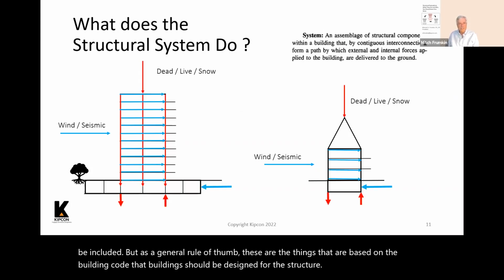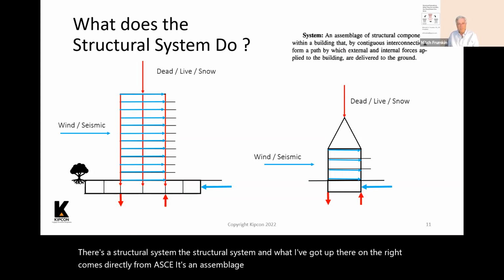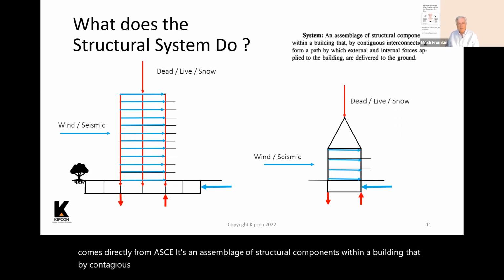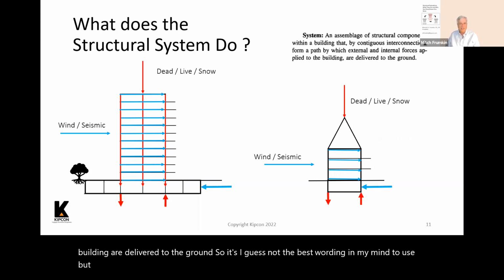There's a structural system. The structural system, and what I've got up there on the right, comes directly from ASCE. It's an assemblage of structural components within a building that by contiguous interconnection form a path by which external or internal forces applied to the building are delivered to the ground. It's, I guess, not the best wording in my mind to use, but what it is essentially saying is how the wind loads, the dead loads, the live loads, and the snow loads, and all the loads are carried through the building into the ground.